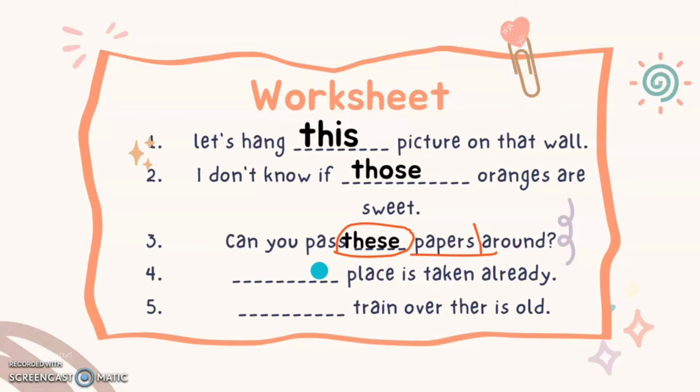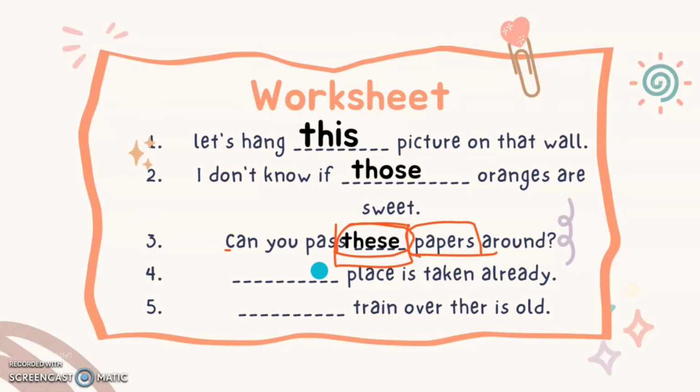Ibig sabihin, we only have two choices again, "these" and "those." Let's have our sentence: "Can you pass these papers around?" Meaning, nasa speaker na yung papers, hawak na niya, malapit na sa kanya yung papers. That's why we use our demonstrative "these." Okay? Ibig sabihin, nasa speaker na yung mga papel na pinapapasa sa loob ng classroom.